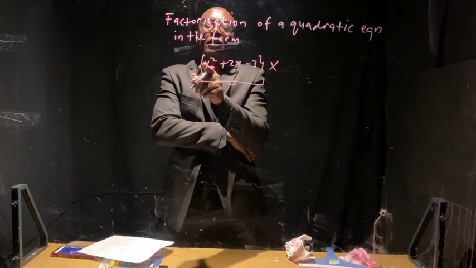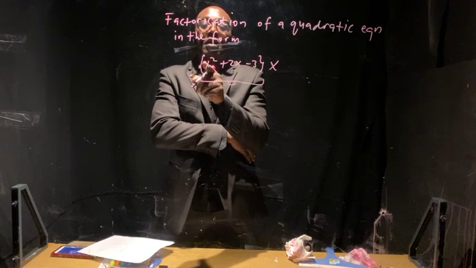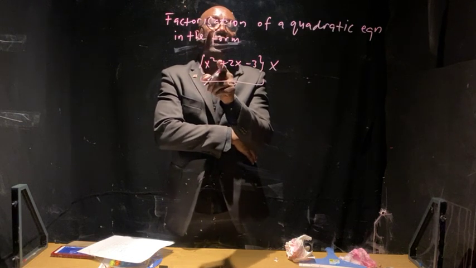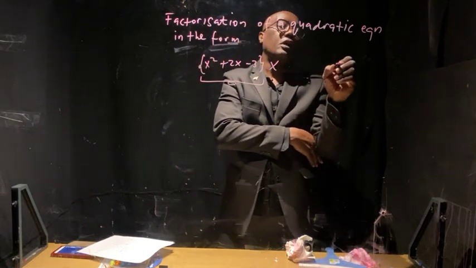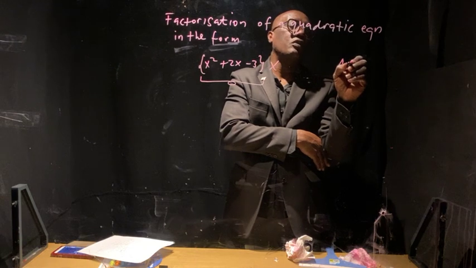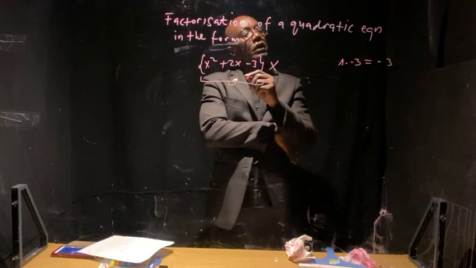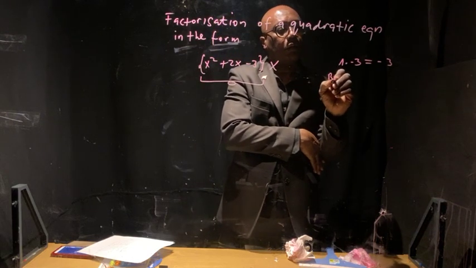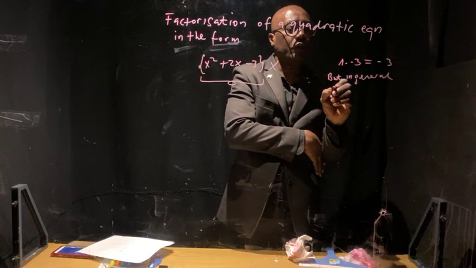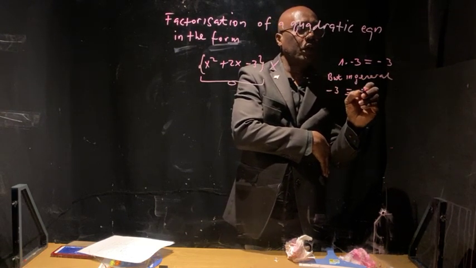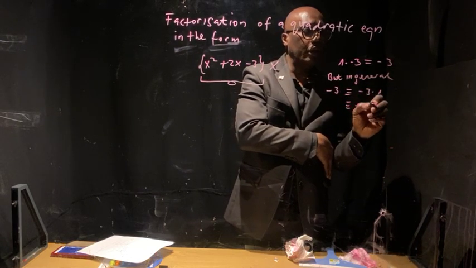As it stands, the coefficient of x squared is 1. So you multiply 1 to the constant, which is 1 times minus 3, no different from minus 3. But in general, minus 3 is equal to minus 3 times 1. Minus 3 is equal to minus 1 times 3.